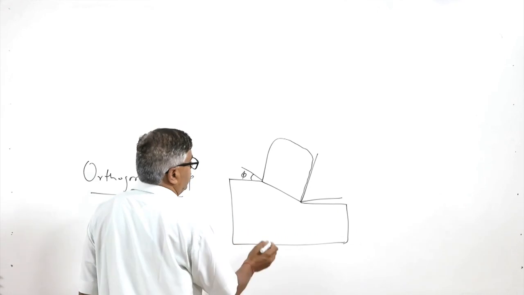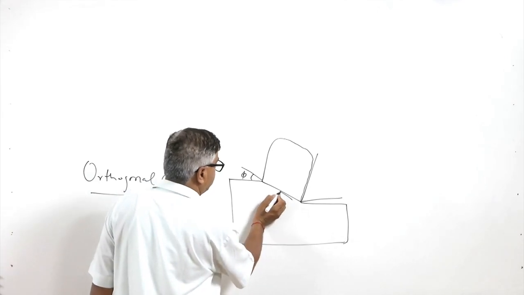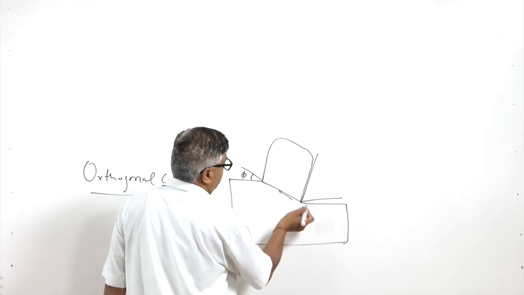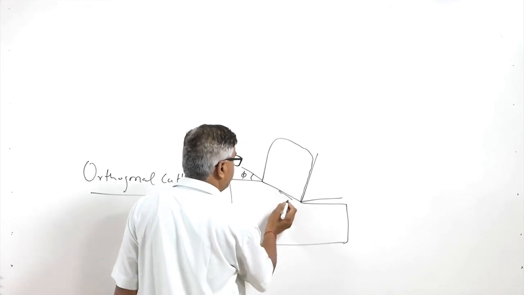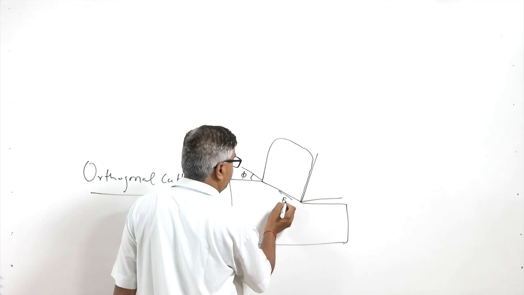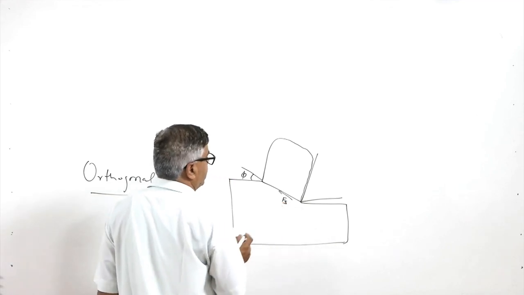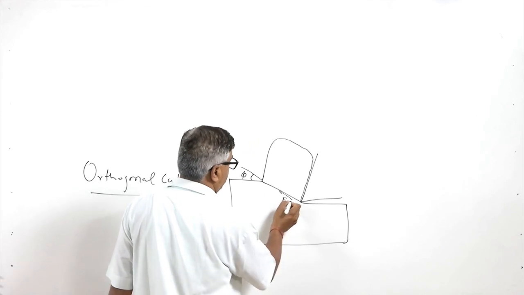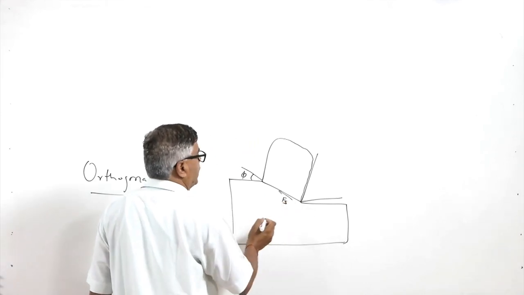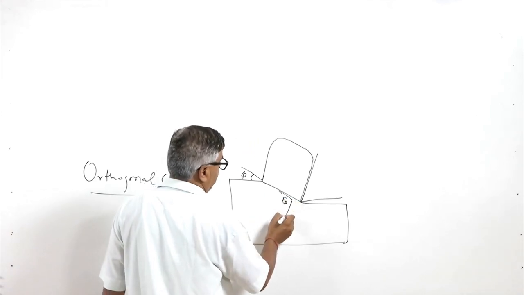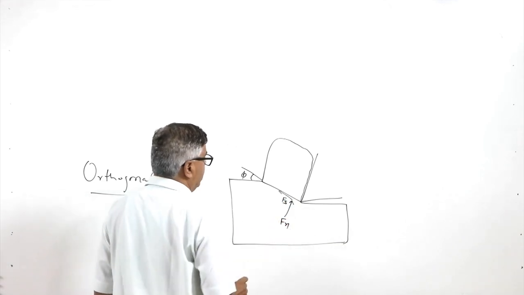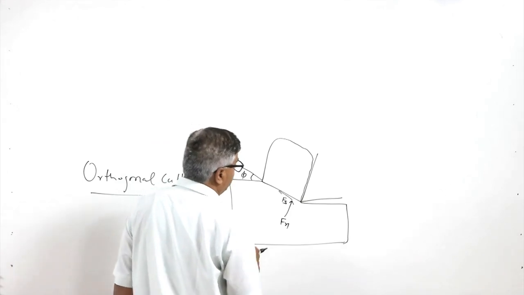So, we know the shear stresses will be acting on the shear plane to cause the shear deformation. Fs we can term as the shear force, and normal to this, an additional force will be acting, which will be written as Fn, normal to the shear plane.